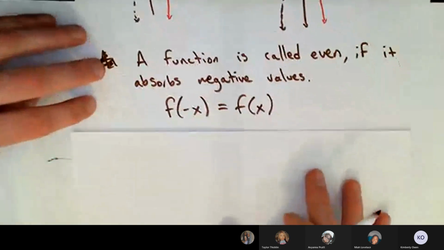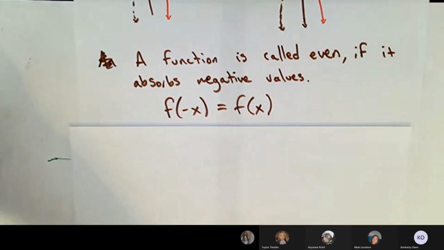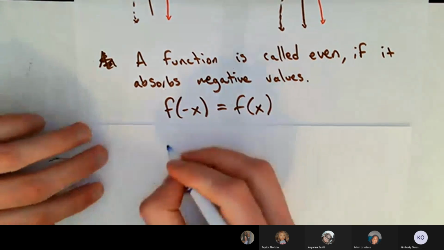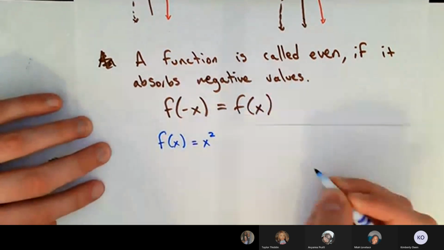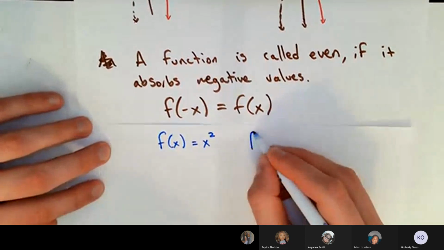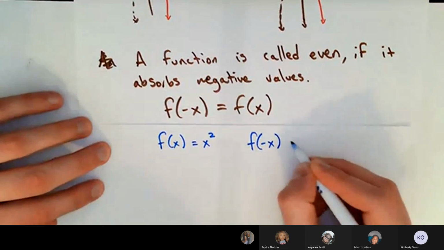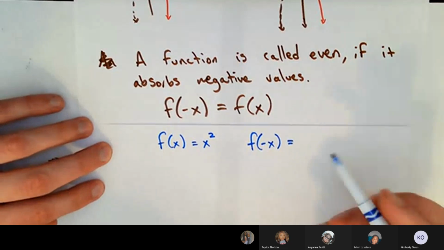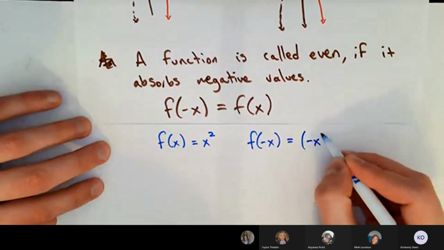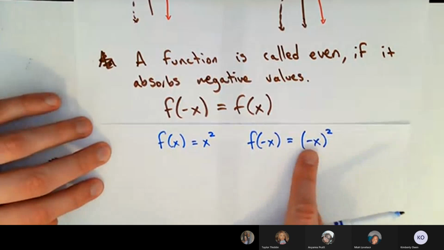So as an example, I'll use that x squared function. If we have f of x equals x squared, so I stuff a negative inside of it. So f of negative x, so I'm now working with the algebraic definition of the function instead of a picture. That's going to be plugging negative x into the function, right?